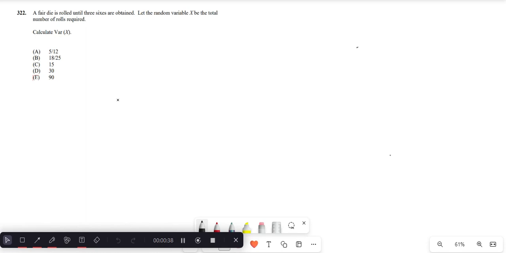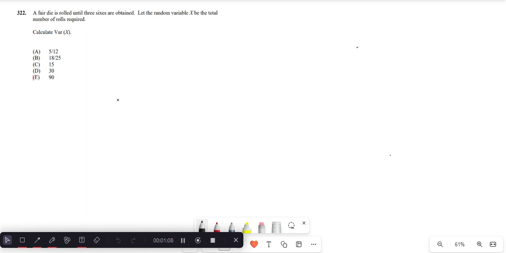But how do I know that X has a negative binomial distribution? I know because it is defined as the number of trials that's required for me to get the rth success, where r is at least 2.